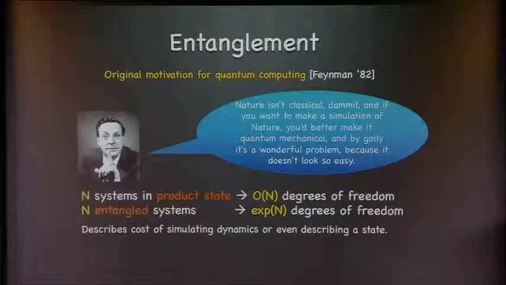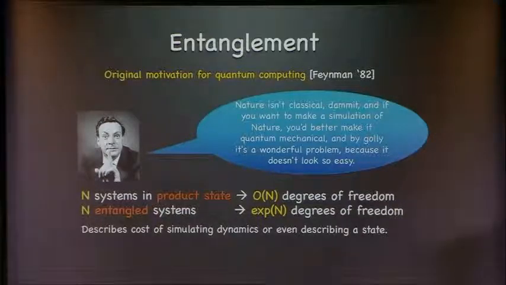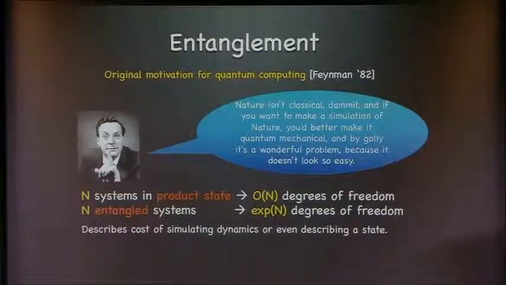What entanglement means is that you essentially have an amplitude for all of the exponential in n joint configurations of the system, which means the number of degrees of freedom scales exponentially with the number of subsystems, which essentially is the technical piece behind Feynman's observation that quantum mechanics scales badly when you try to simulate it. And this describes the cost of simulating dynamics or even of writing down a state. So simply to write down a quantum state on a classical computer generically requires exponential effort.